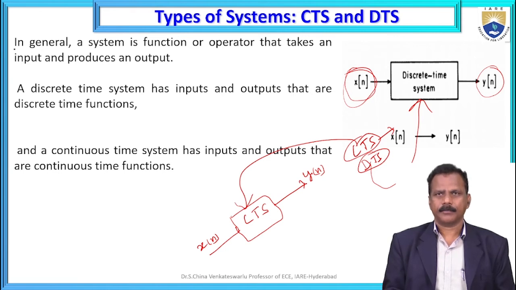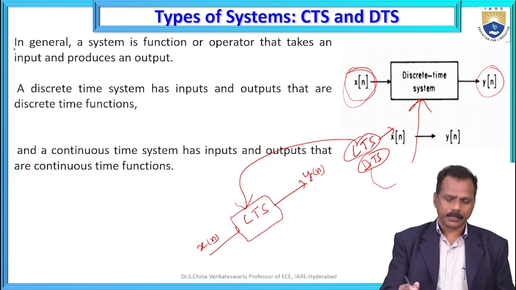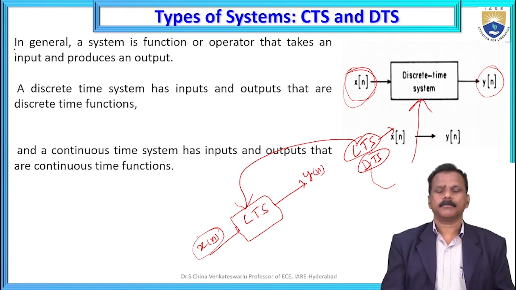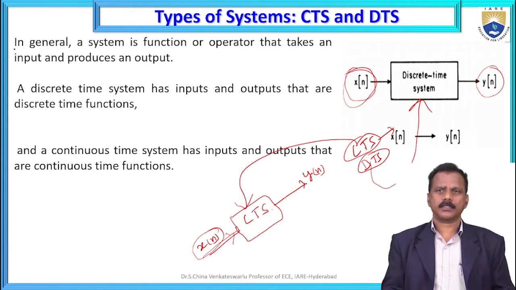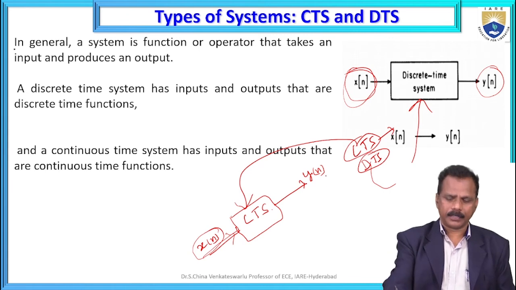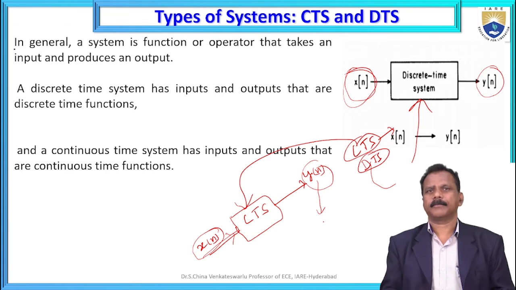Like this, the input of the continuous time system should be a continuous time signal. The continuous time signal is given to that continuous time system, and we expect the output is a continuous time signal.